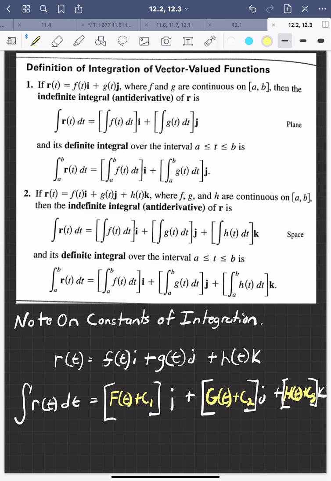Okay, so with that in mind, to just let you know, normally let's assume that you were to look this answer up in the back of the book. Well, you're not going to see plus C sub 1 plus C sub 2 plus C sub 3. They are going to turn all of those constants of integration into one constant. So it will end up looking like this.